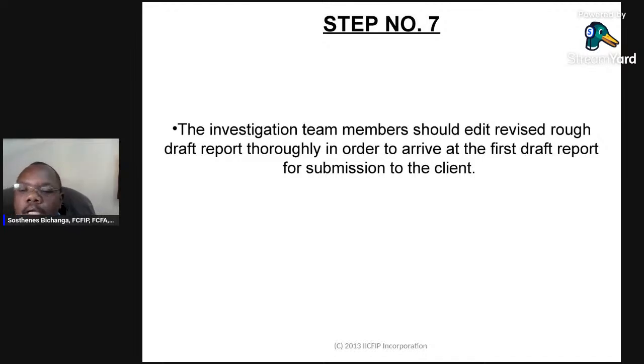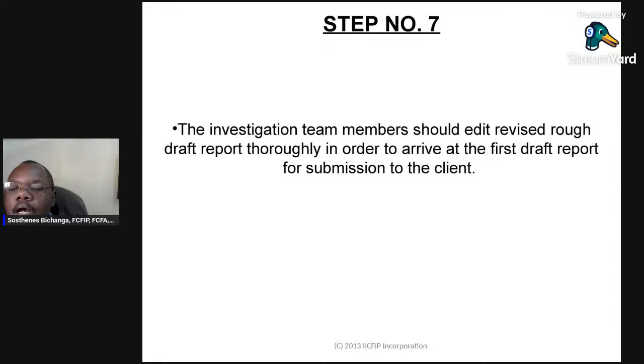So I would reckon a very good forensic investigation report to be a head and mouth, because a person without head and mouth cannot express himself, cannot answer questions and even respond to any queries.